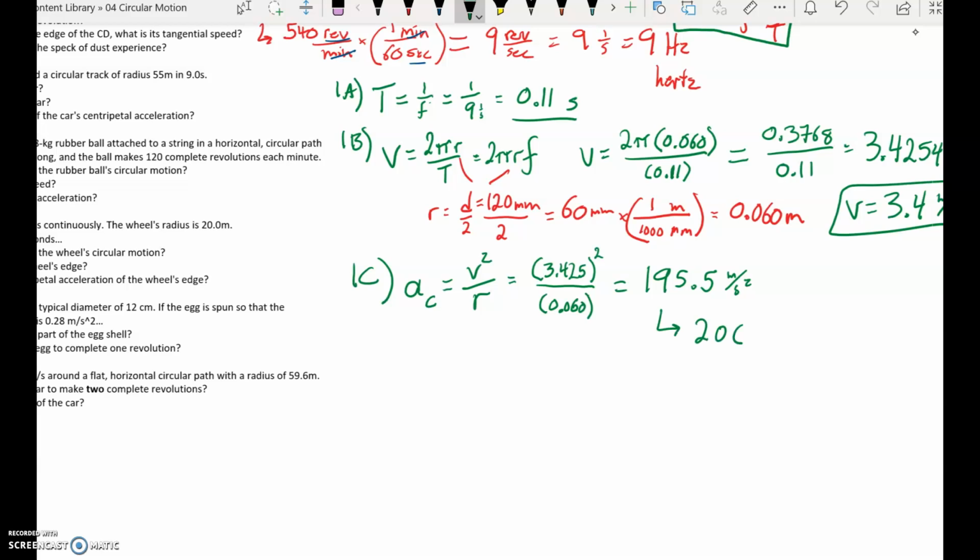It's going to be 200, and there's my second sig fig with the bar. Meters per second squared toward the center. Because my centripetal acceleration, because it's centripetal, is always towards the center.